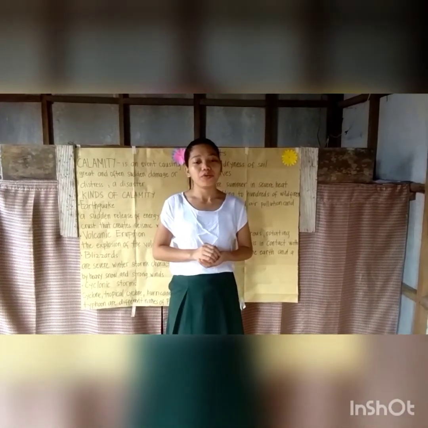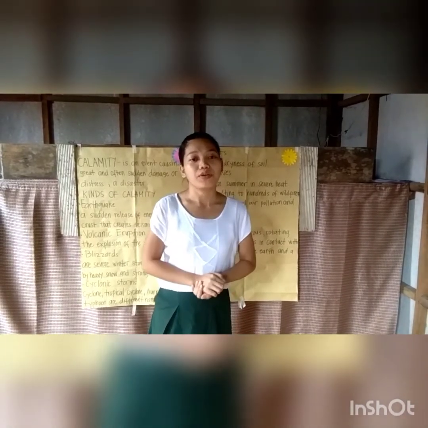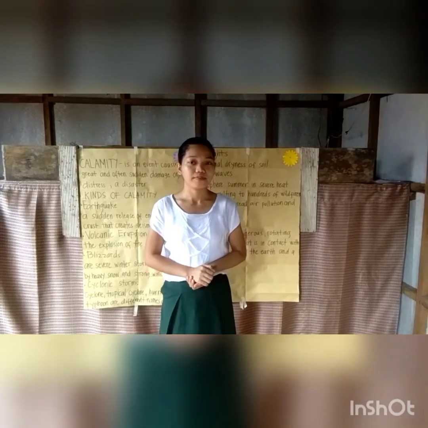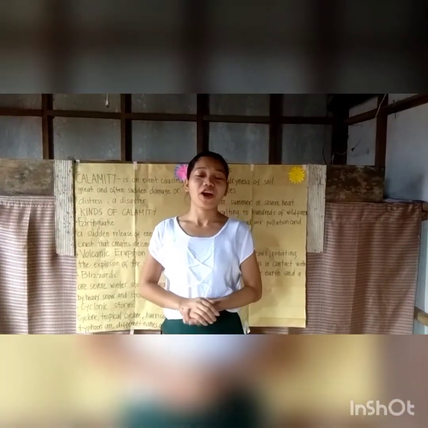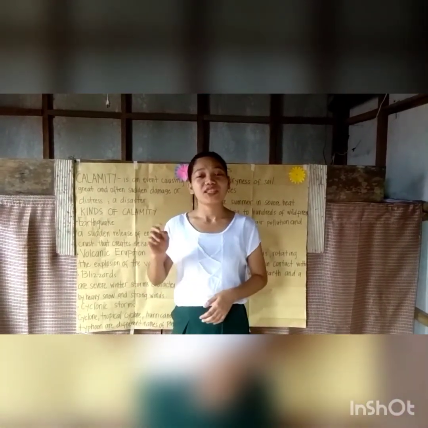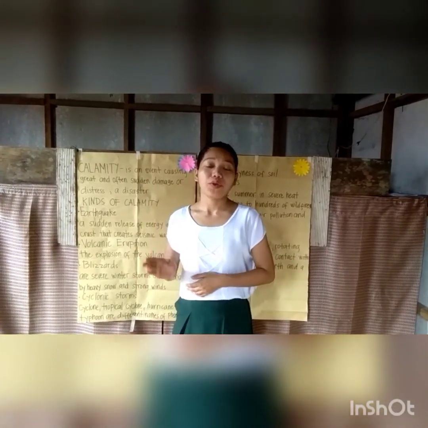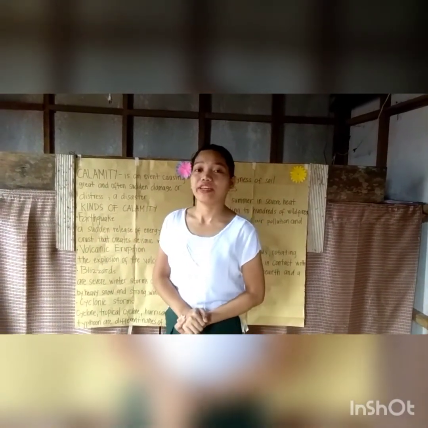I will give you 15 minutes to create the activity. Thank you, students, for your cooperation, and now let's proceed to our quiz. I will give you 15 minutes to answer, and after that, we will have our checking.